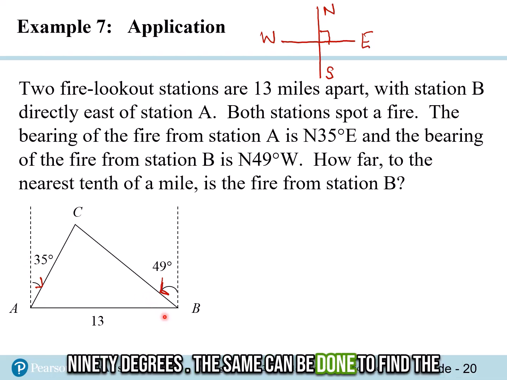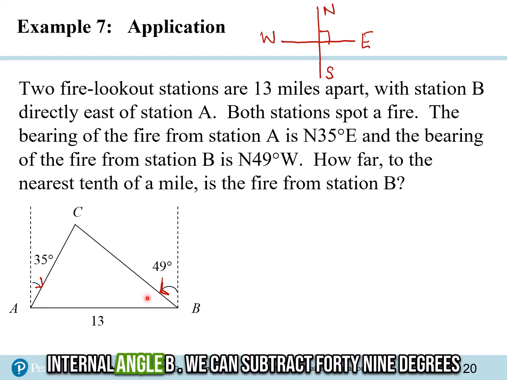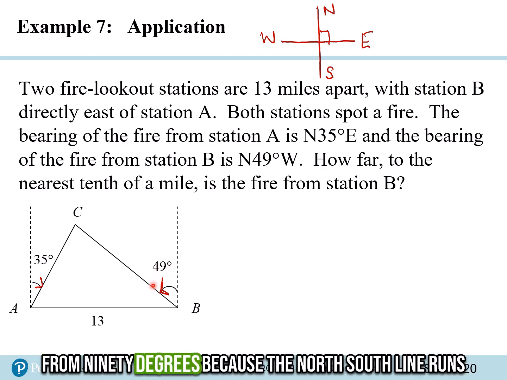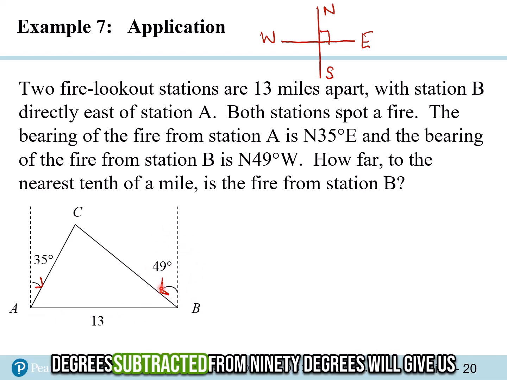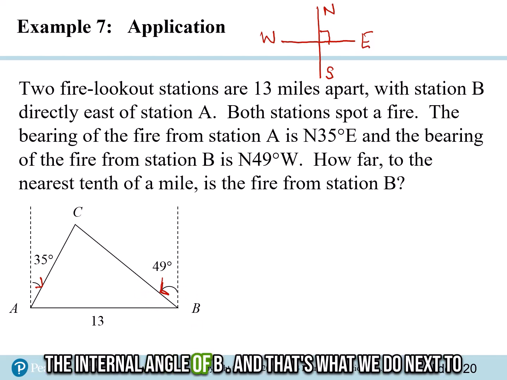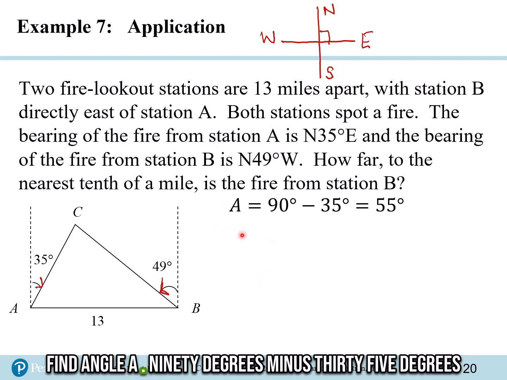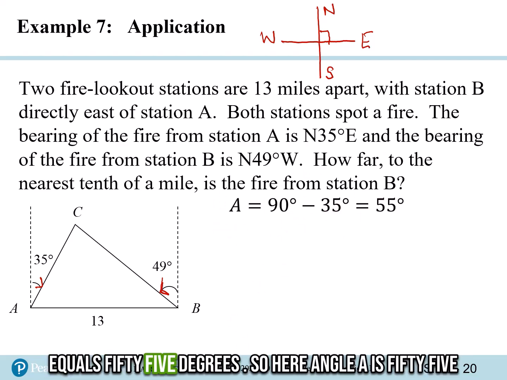Therefore, we can find the internal angle of the triangle by subtracting 35 from 90 degrees. The same can be done to find the internal angle B. We can subtract 49 degrees from 90 degrees because the north-south line runs perpendicular to the line AB. To find angle A, 90 degrees minus 35 degrees equals 55 degrees.